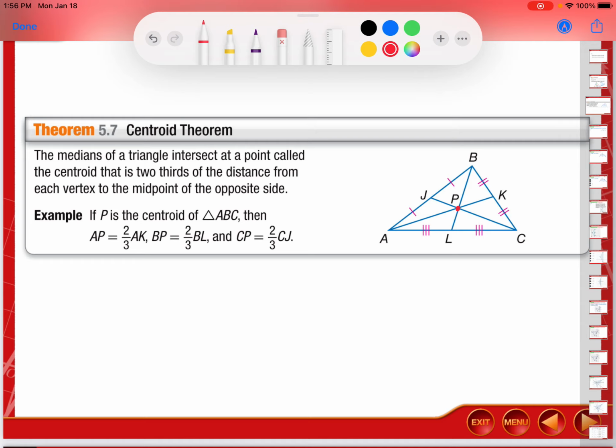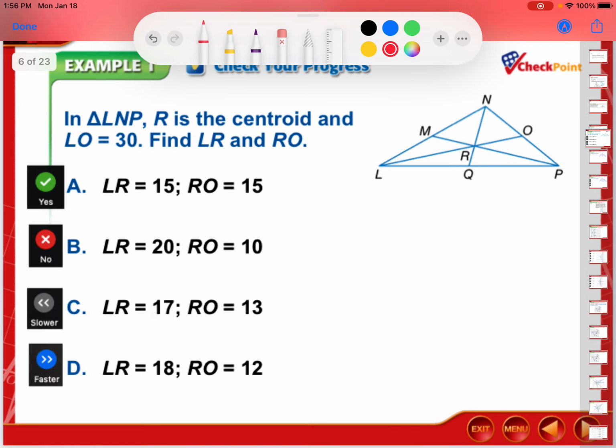That's what we talked about a couple slides ago, where each individual piece is cut into thirds. So this would be 2/3, this would be 1/3, likewise 2/3, 1/3, 2/3, 1/3.